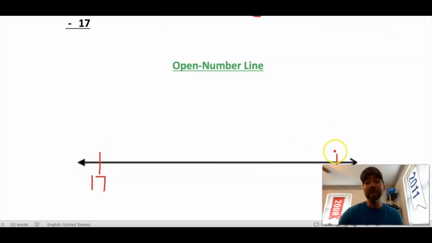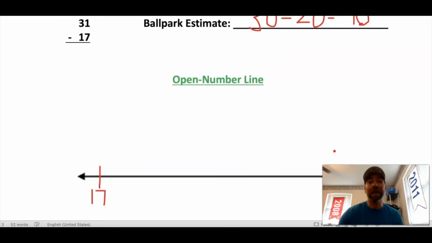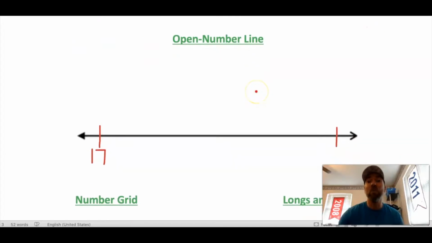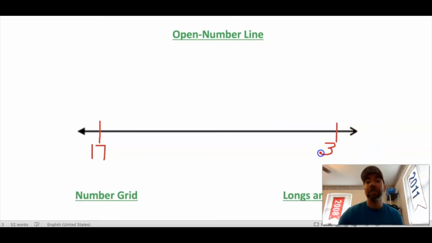My stopping point on my open number line is my greater number, which is 31. So I want to find how far apart 17 and 31 are. Now, I always like to make a friend of 10. See here, I'm at 17. My next friend of 10 takes me to the number 20.